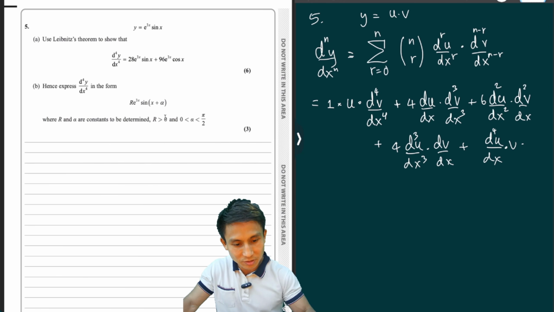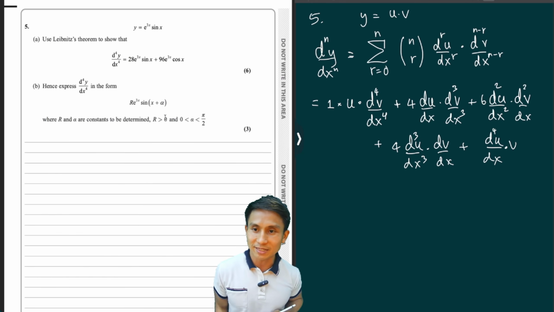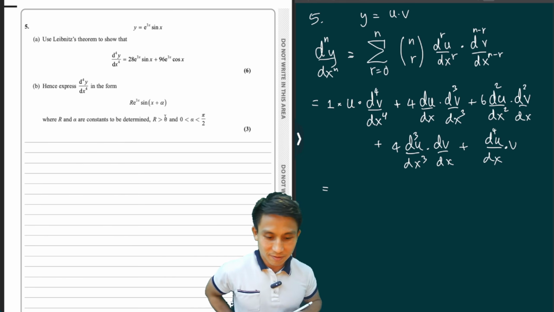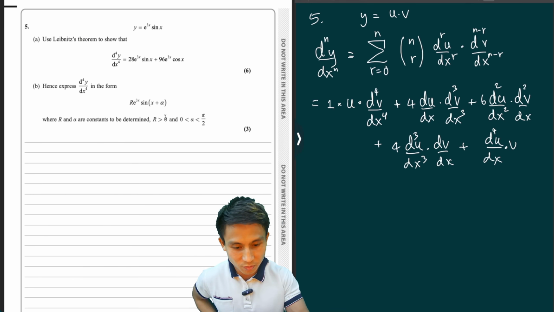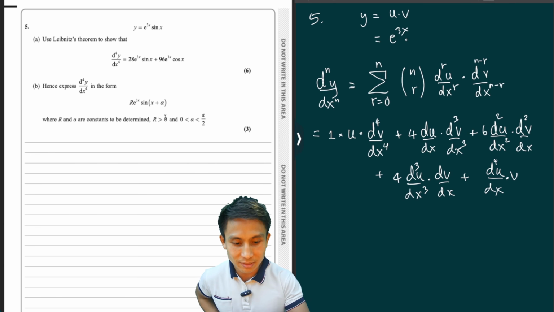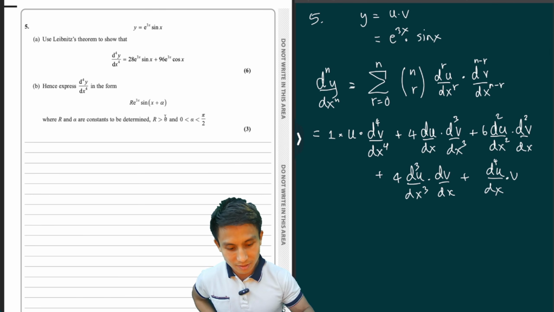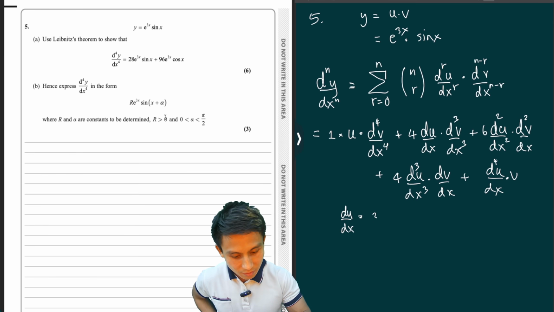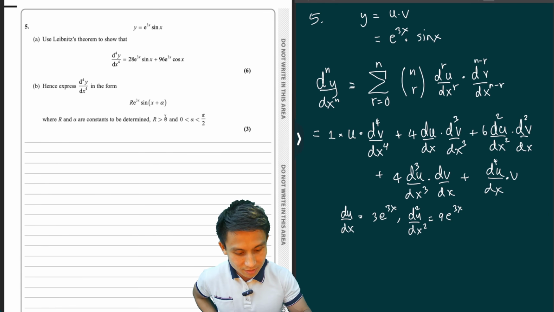Okay, so that's just expanding it all out first to see what we should get. And then I'm just going to find each one that we want. So if we put u as e to the 3x and v as sine x, then du by dx is just 3e to the 3x. d squared u by dx squared, differentiating again, we get 9e to the 3x. d cubed u by dx cubed, we get 27e to the 3x.